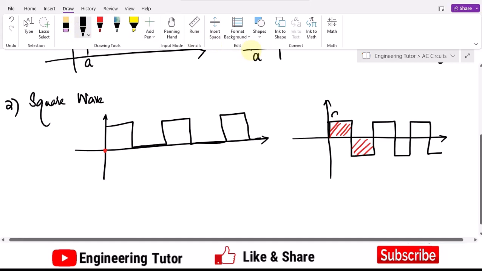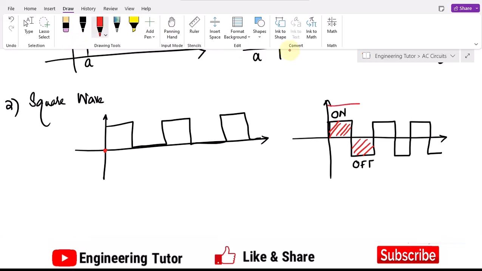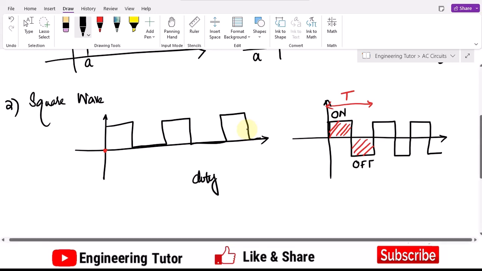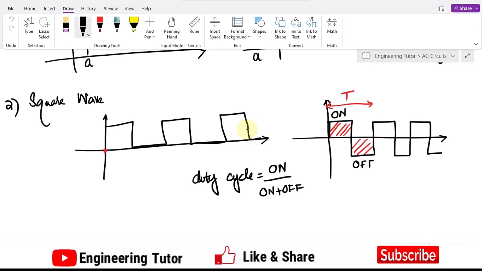If this is my on part, and that is the off part, and similarly the total time period it has is T. So what is it? There is a very important thing here, and that is called the duty cycle. Okay, so the duty cycle concept here is the on time with respect to the total period where we have on plus off time. Okay, so that is the duty cycle of my square wave.